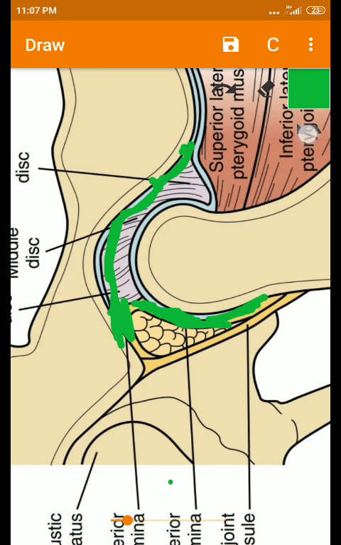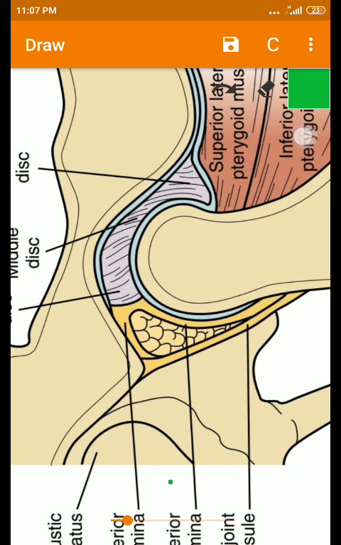These are the functions of the bilaminar retrodiscal pad, and in between these two laminae the space is filled with loose areolar connective tissue, which is rich in arterial and neural supply.